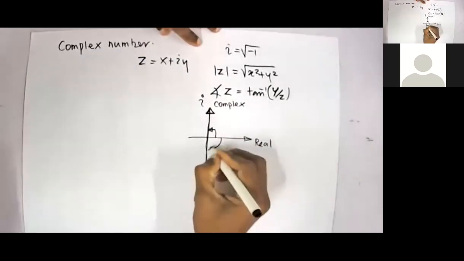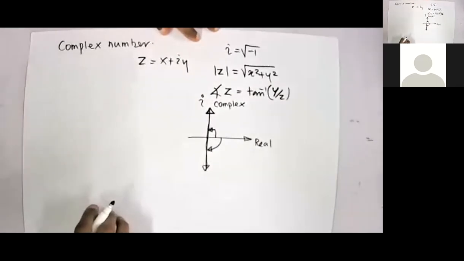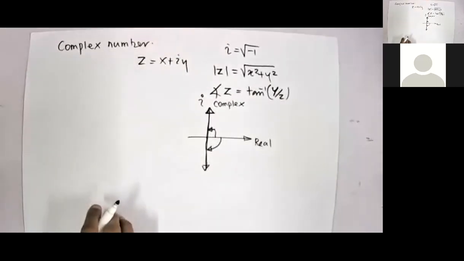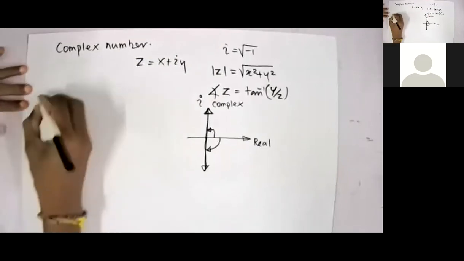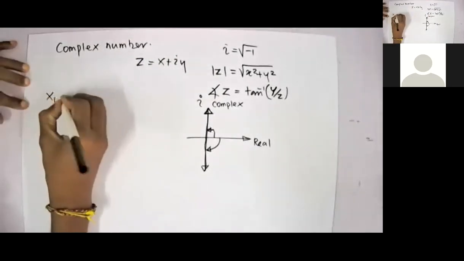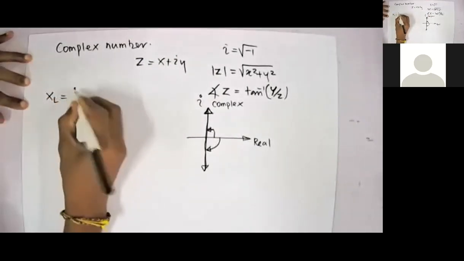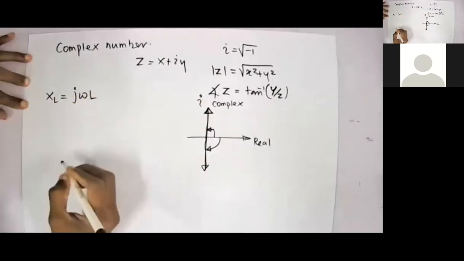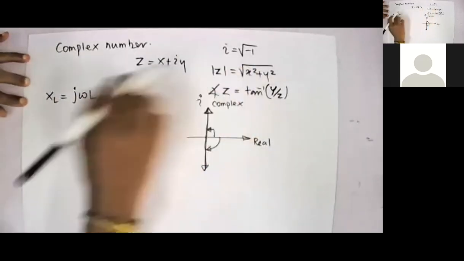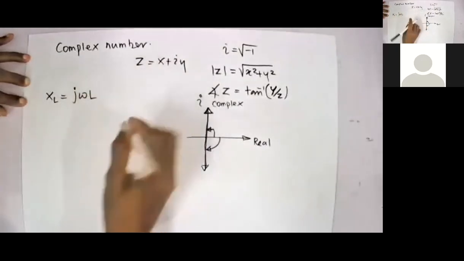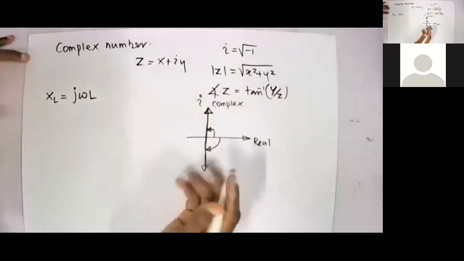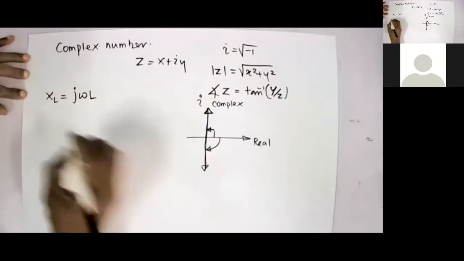To represent that, I just add a j with the L. For example, XL, I can write as j omega L. j and i are both equal, so I can write i omega L or j omega L. Both have the same meaning.